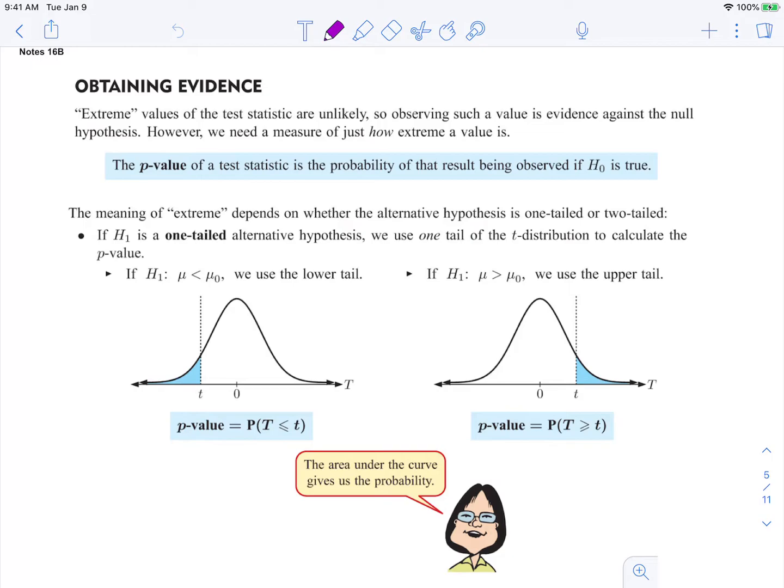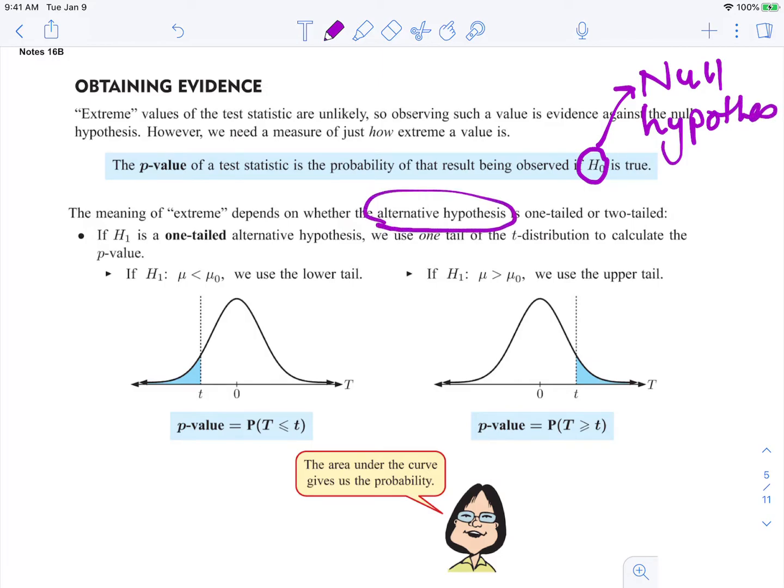The meaning of extreme depends on whether the alternative hypothesis is one-tailed or two-tailed. So this H sub 0, remember, is your null hypothesis. The alternative hypothesis, H sub 1.